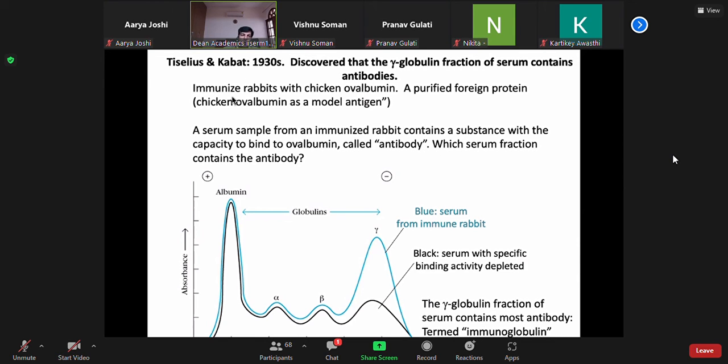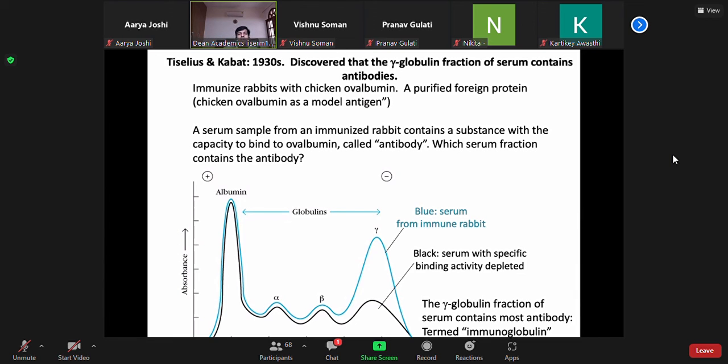So what they did was immunize rabbits with this model antigen, chicken ovalbumin. This is egg albumin, the white fraction of the egg. That fraction has this protein that we call ovalbumin, right?